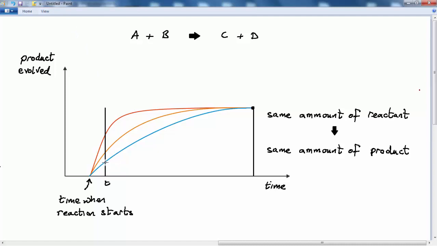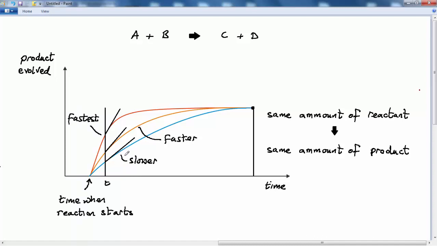So the slope of the blue graph is less than the slope of the orange graph, which again is less than the slope of the red graph. So we can say that the blue reaction is going at a slower rate, the orange graph is at a faster rate, and the red graph is the reaction going at the fastest rate.